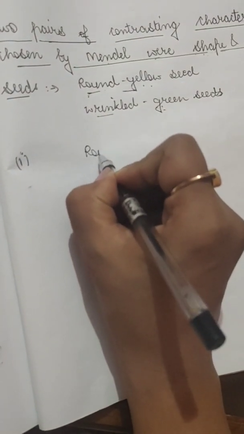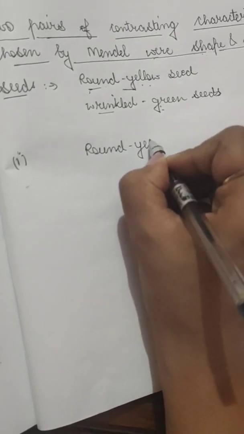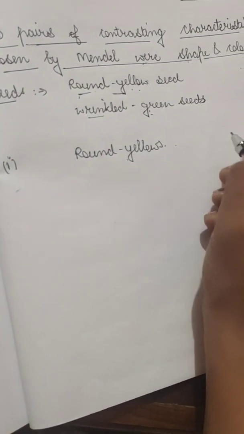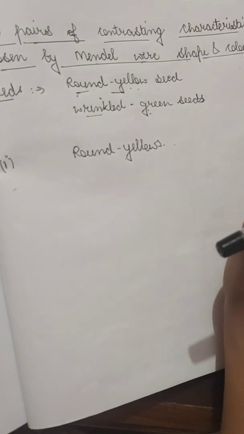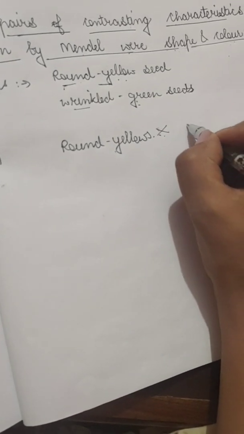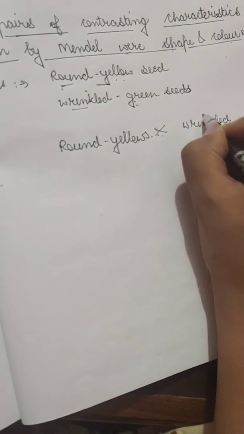First, what did Mendel do? He crossbred the pure breed pea plants which had round yellow seeds with the wrinkled green seeds, and he found only one type of seed.